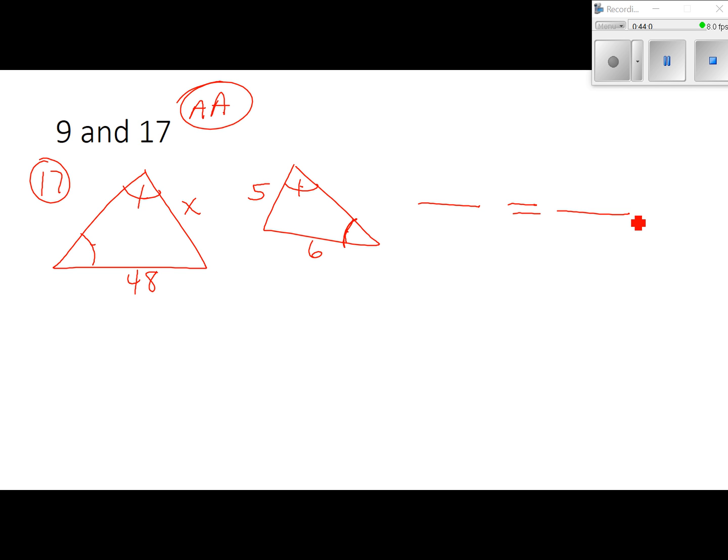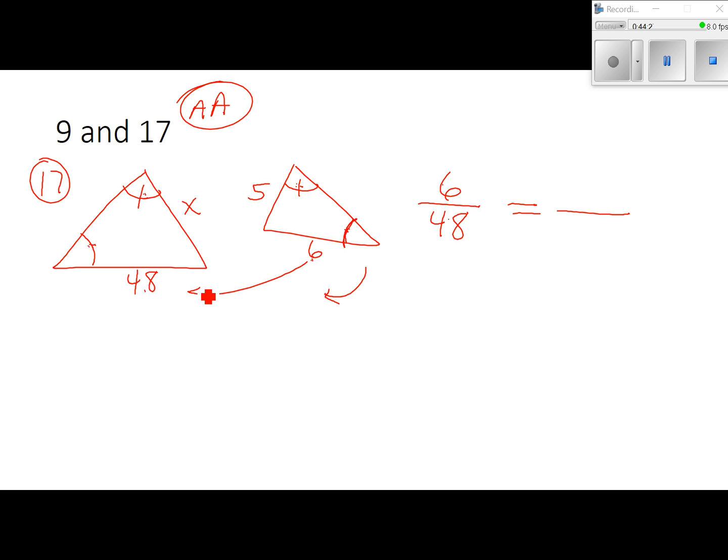Now we're just going to set up our proportion. And again, I like to make sure I match them up and pick out ones that have numbers in these first 2 here. So if I look at this, I'm going to have to spin this triangle around to get it to match up so that this angle lays on top of this angle and this angle lays on top of this one. Well, that means that the 6 over here is going to match up to the 48, so I can do that first.